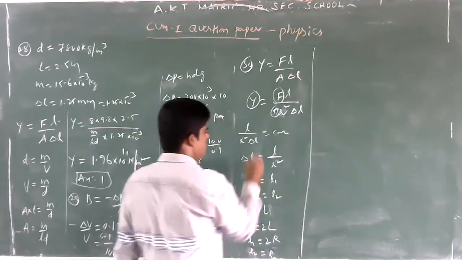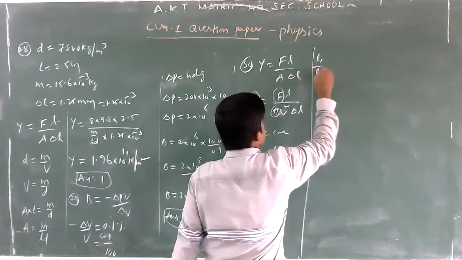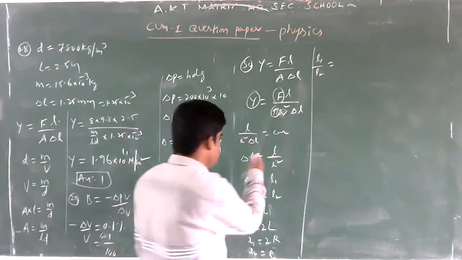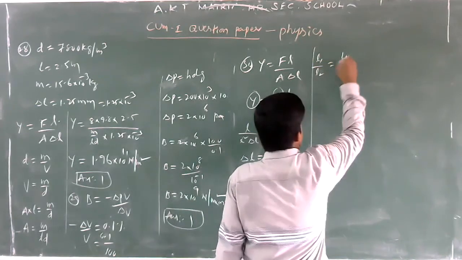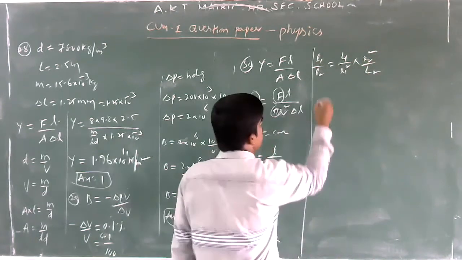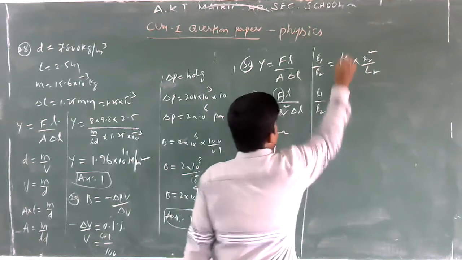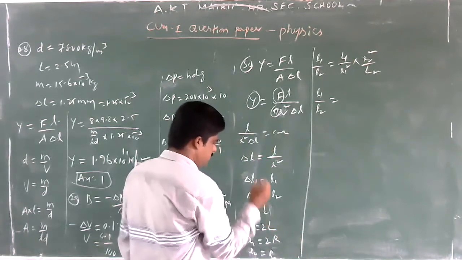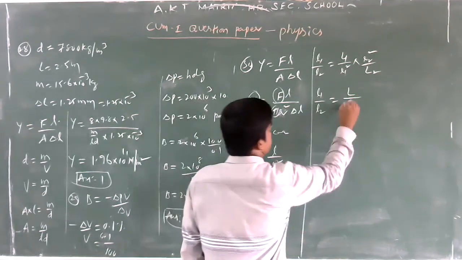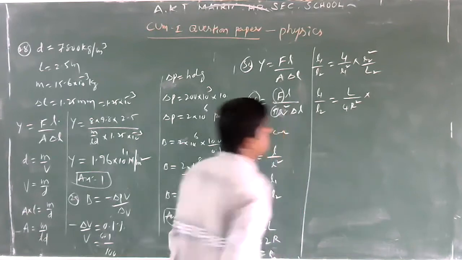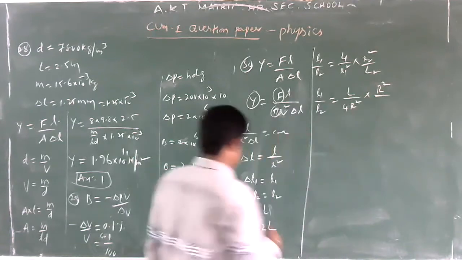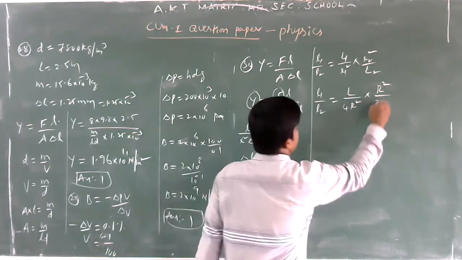What is the ratio of the change in length of both wires? From this equation, l1 by l2, which indicates the ratio of change in length, is equal to L1 by R1 square into R2 square by L2. L1 is L, R1 square is 2R square, that is 4R square, into R2 square, which is R square, divided by L2, which is 2L.